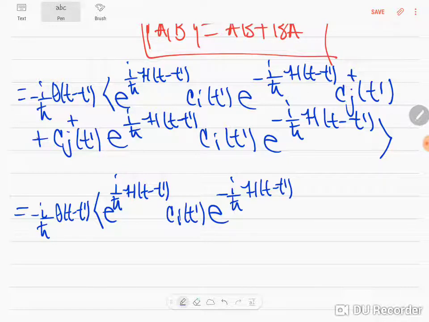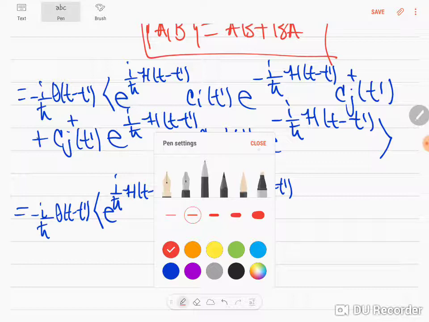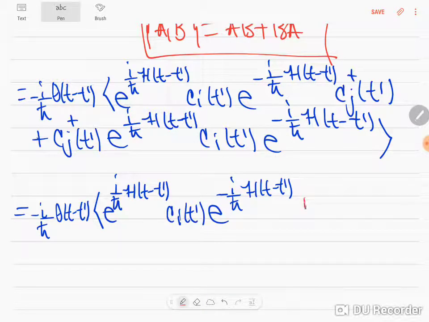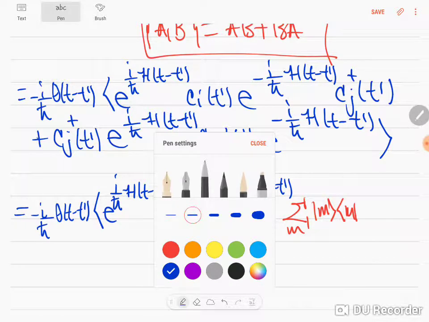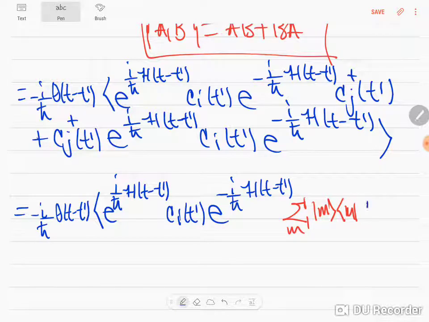Now, let's do it in red. Here I introduce the summation over m of ket times bra, and then I multiply that by c_j dagger of t prime, plus this, which is c_j dagger of t prime.